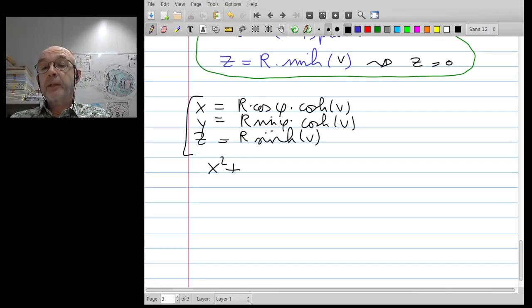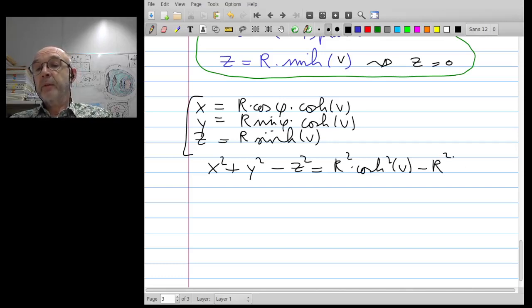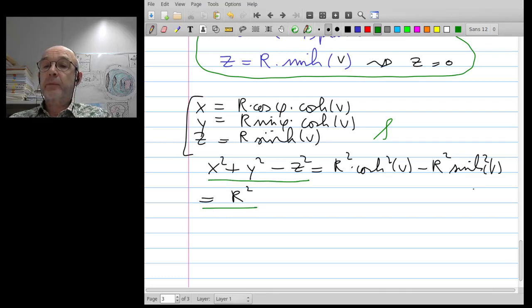And so if you have now x squared plus y squared minus z squared, if you calculate it, x squared plus y squared will give you r squared cosine hyperbolic squared, and then you have to subtract r squared times the square of the sine hyperbolic, and we know that this becomes equal to r squared. So this goes well. This is a good parameterization for the hyperboloid. Then it satisfies this equation here, no problem.